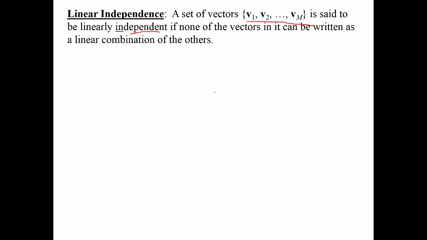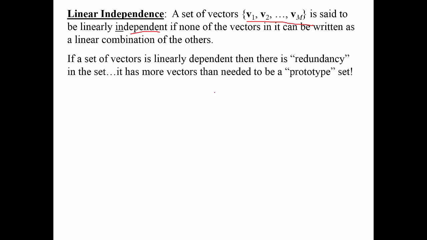And if I could write, say, Vm in terms of all the other ones, why do I need Vm? Anything that I would need to build using Vm, I could build using the other ones, because I can just build Vm from the other ones. So in some sense, if a set of vectors is linearly dependent, there's some redundancy in it.